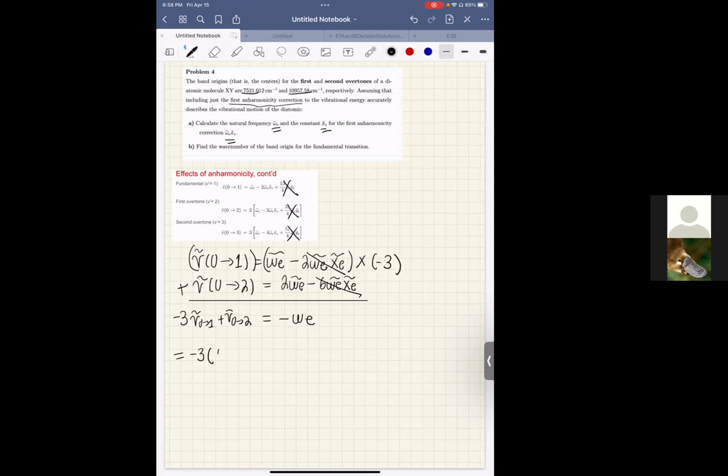First is 7521.0, and then 10.58. Let me use my calculator.